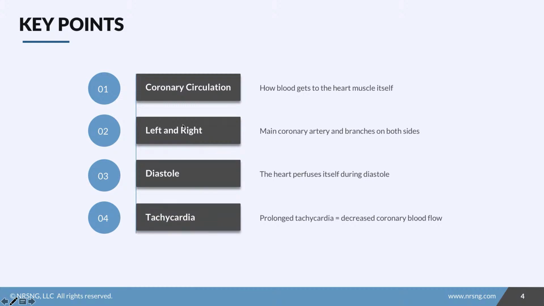So remember, the coronary circulation is how the blood gets to the heart muscle itself. So coronary circulation is blood getting to the heart itself. Both sides of the heart have a main coronary artery, and then that branches to cover the whole muscle. Okay.